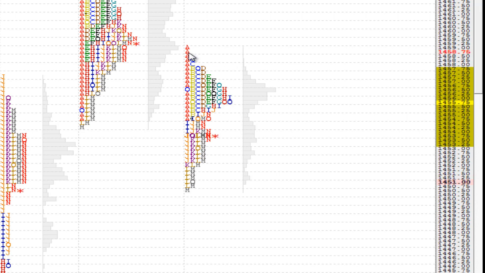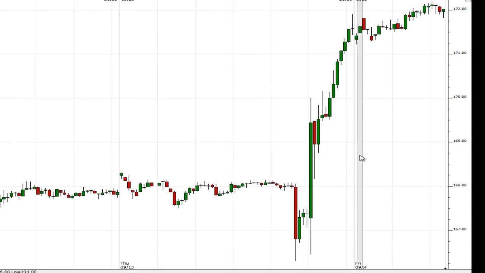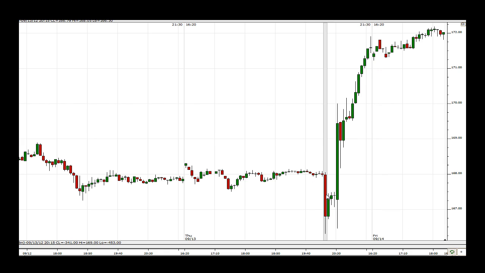And this is why you get this kind of bell-shaped curve. It shows you the places where trade was not taking place and the places where the majority of trade was taking place. Whereas if we look at a bar chart or a candlestick chart, that doesn't quickly show you that.